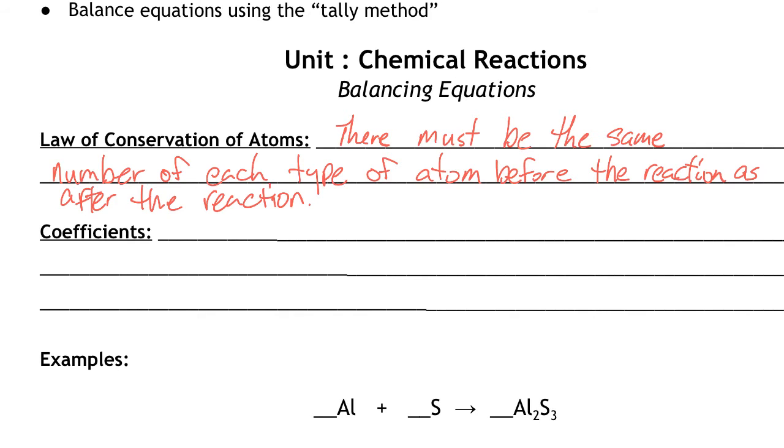Now, sometimes you may do an experiment, and you're starting off with 34 grams of reactants, and when you end, you may end up with 32 grams of your product. That doesn't mean that atoms have been created or destroyed, in this case destroyed. What it means is you've lost some somewhere along the way.